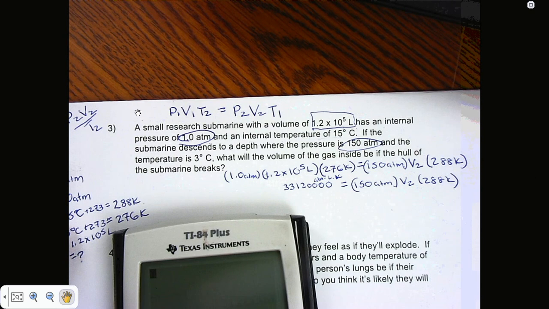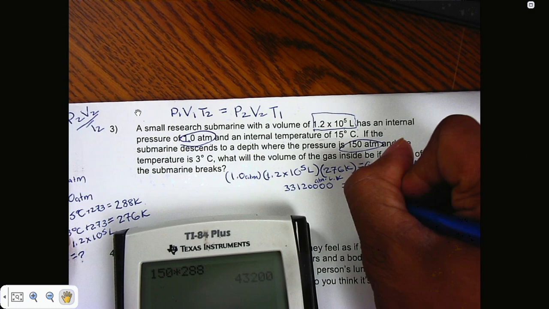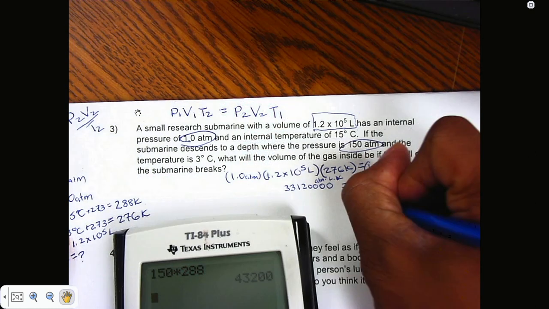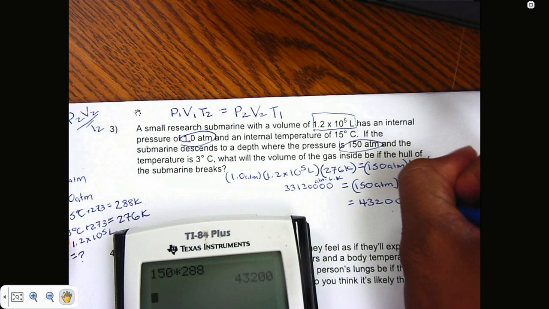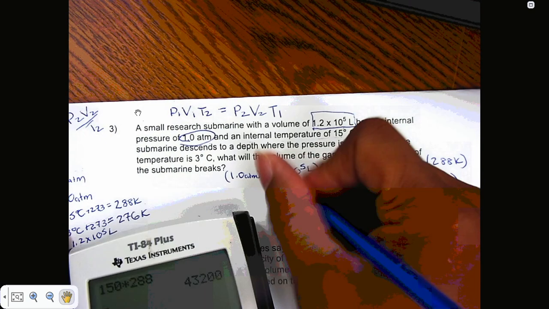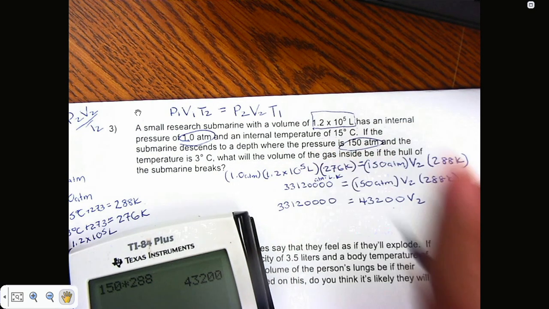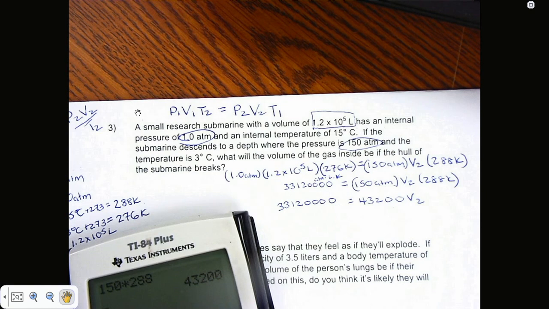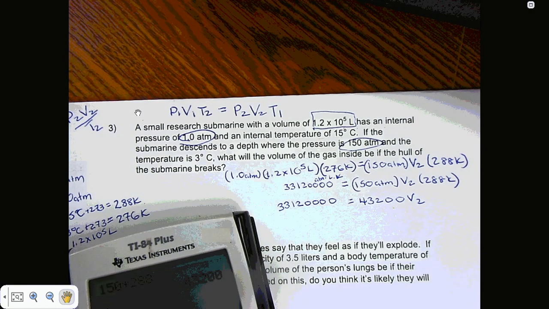I'm going to go ahead and next multiply 150 by 288. It's going to yield this number. Now, you can round. There's no harm in rounding in this case, as long as you round to the correct number of significant figures. In each case, I believe for the left side, it would have been 2 significant figures. On the right-hand side, it would have been 3 significant figures.